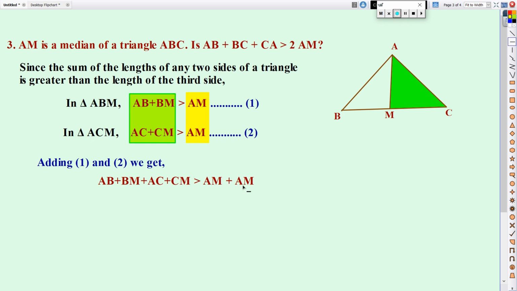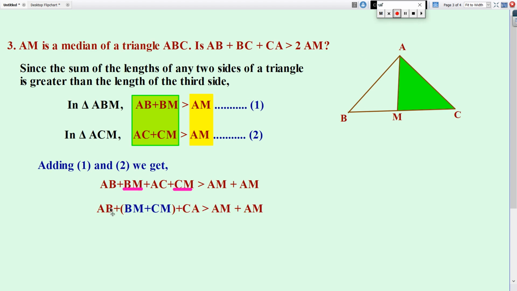Let me rearrange this by taking BM and CM together. Then we get AB plus BM plus CM plus CA greater than AM plus AM.